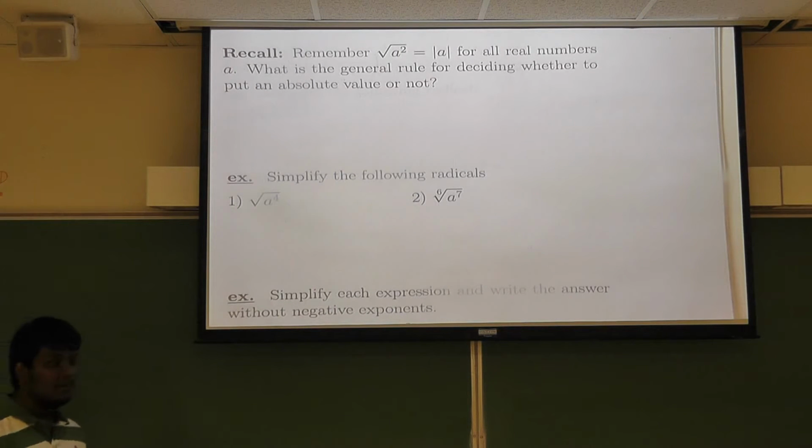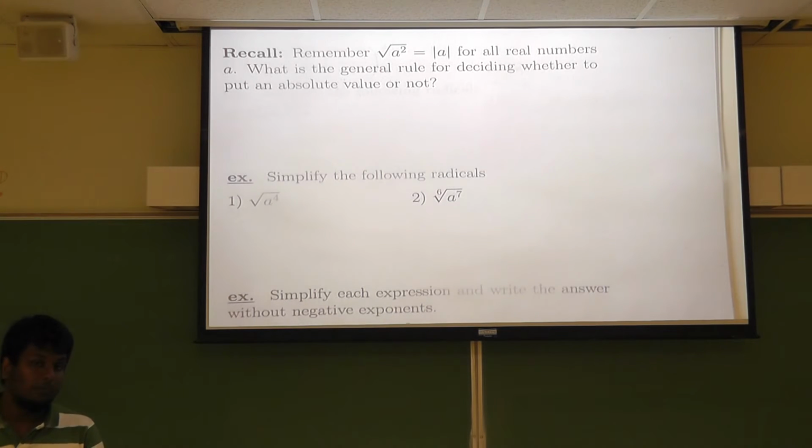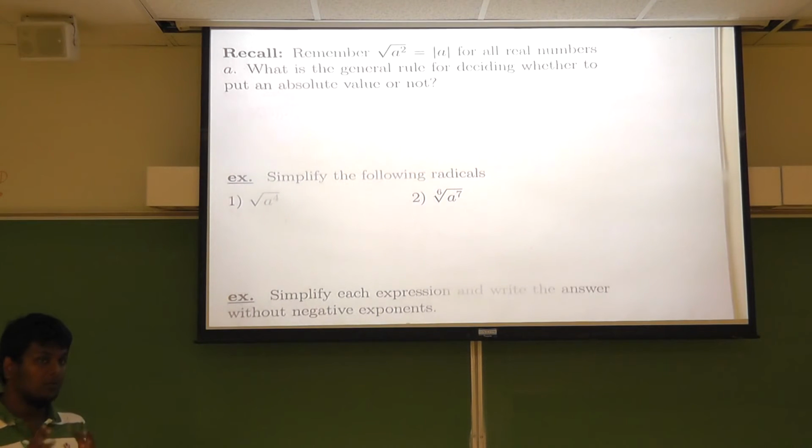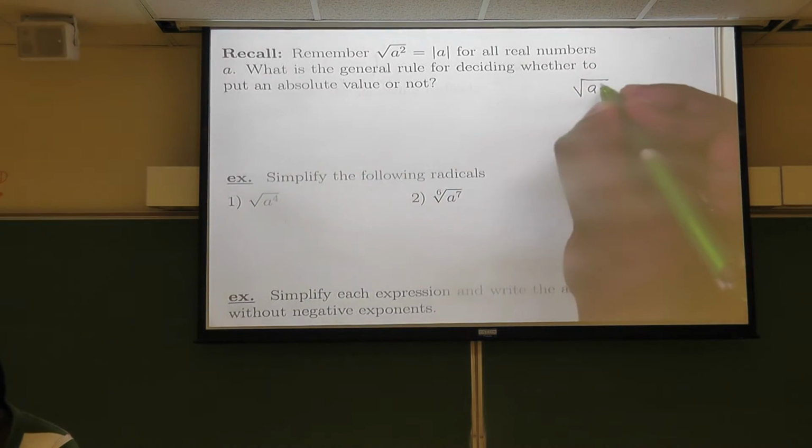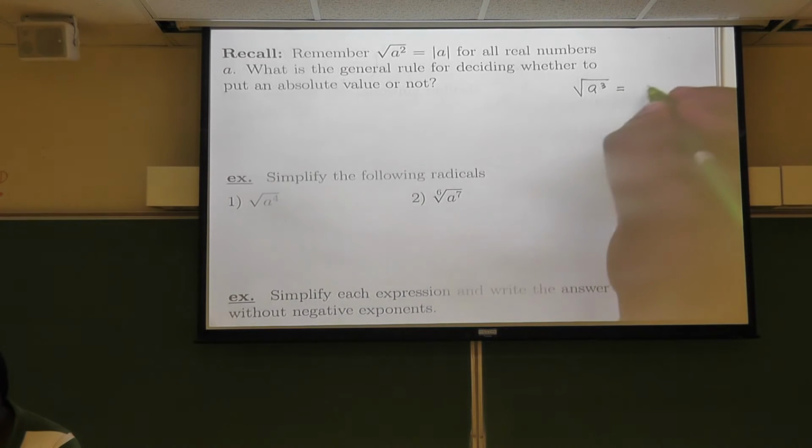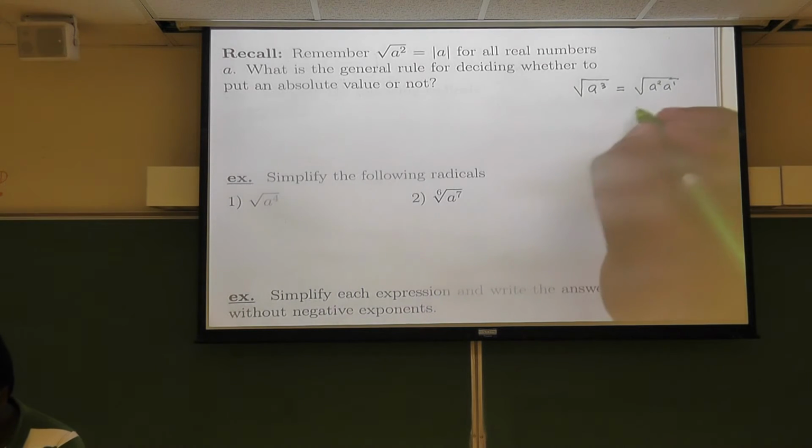Sometimes, as we've seen in class, we pull something out completely, and sometimes we just pull some portion out. For example, if I have the square root of a cubed, I can write this as the square root of a squared times a to the power 1. Then I can pull this out from the square root and make it a root a.